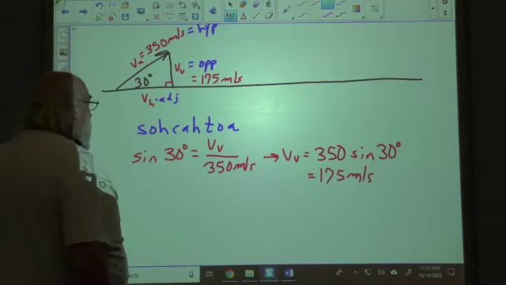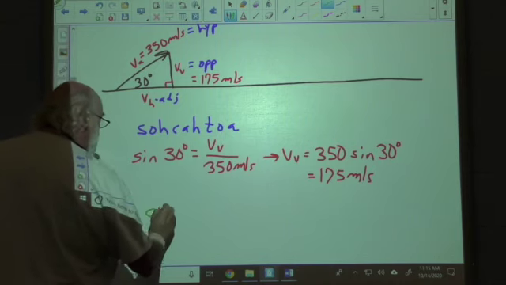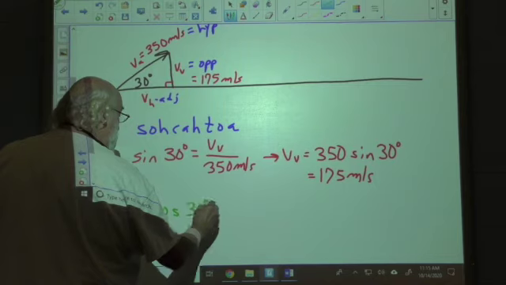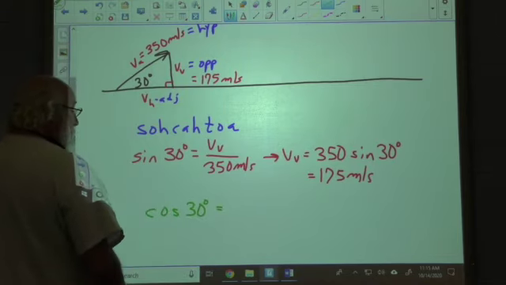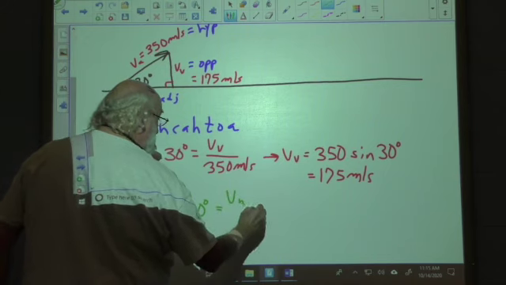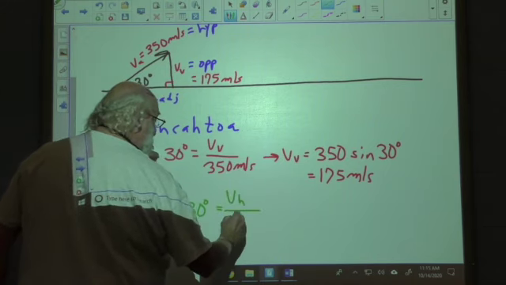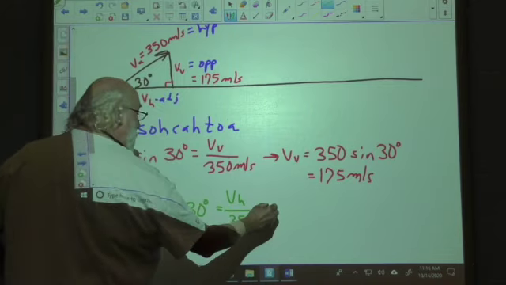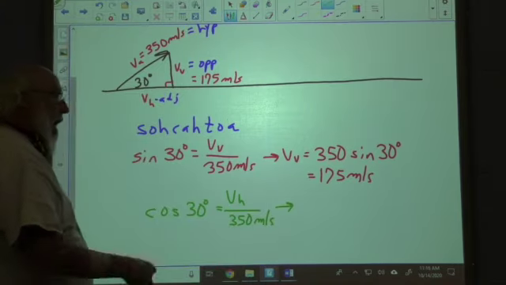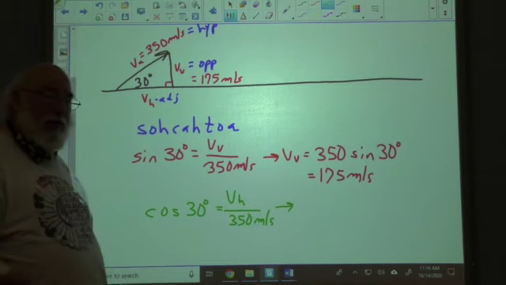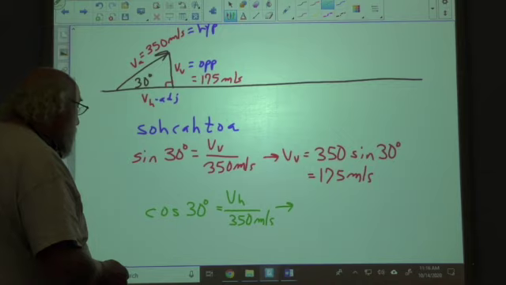So we have the cosine of 30 degrees is equal to VH over 350 meters per second. Again, a very simple algebra problem here. By the way, that's Monty Python people in the movie, so you know it's going to be very funny.